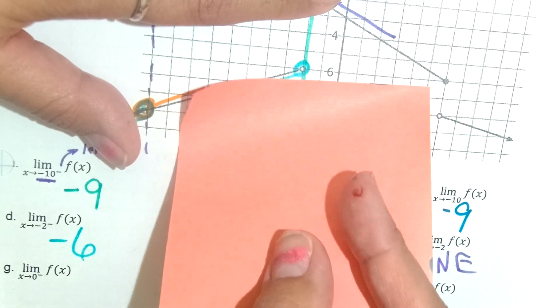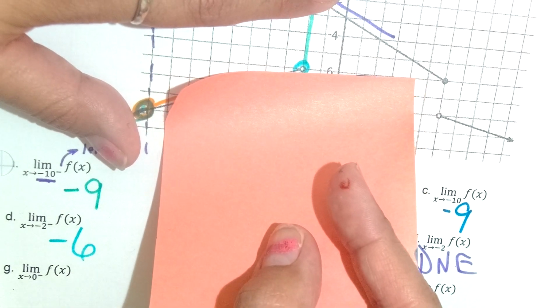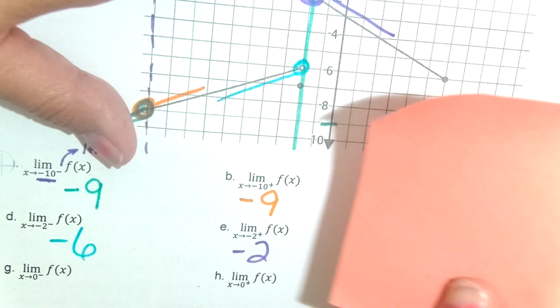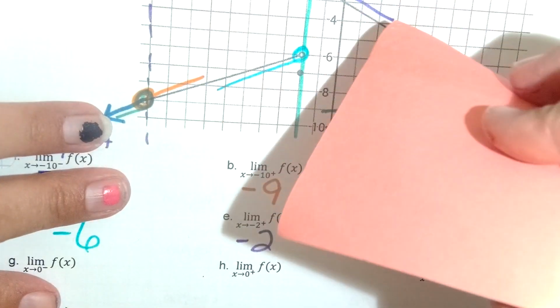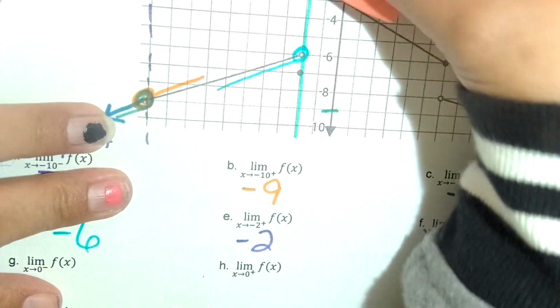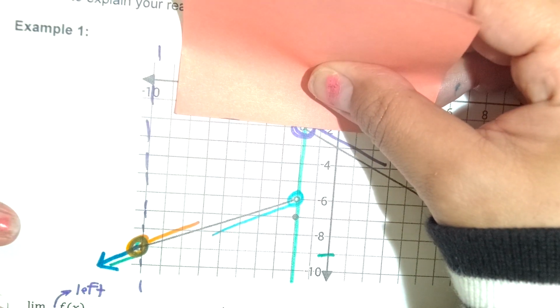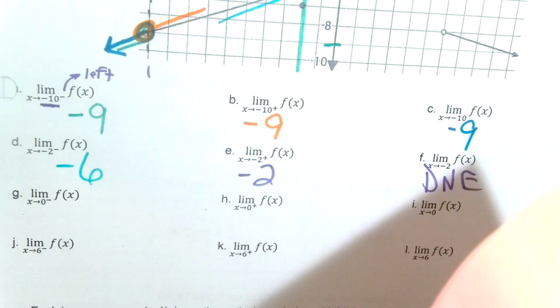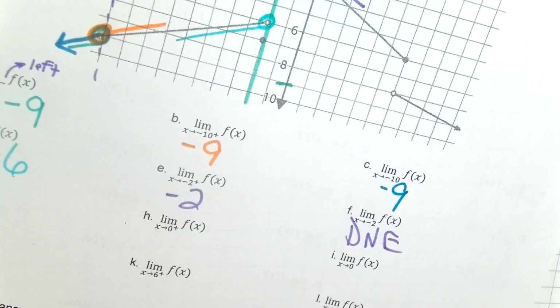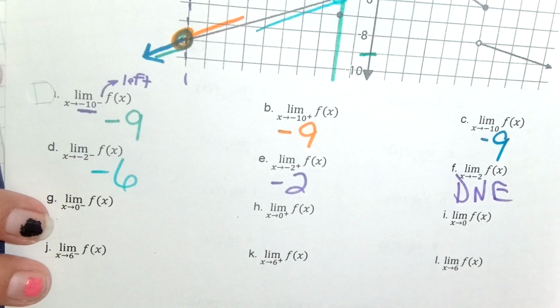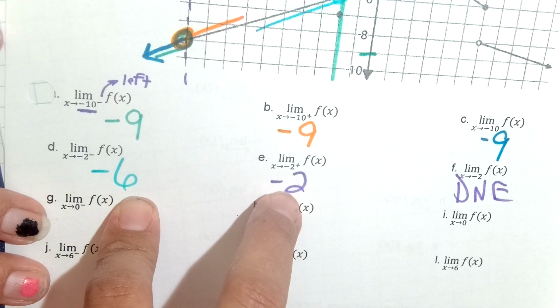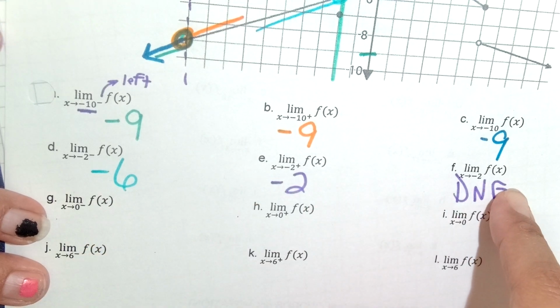And that is negative 6 because I'm looking for the y value, not the x value. I'm going to do the same for the right side. Go from the right to the left. That gives me negative 2. So that is why this is negative 2. Because these two numbers are not equal, that means the limit doesn't exist.